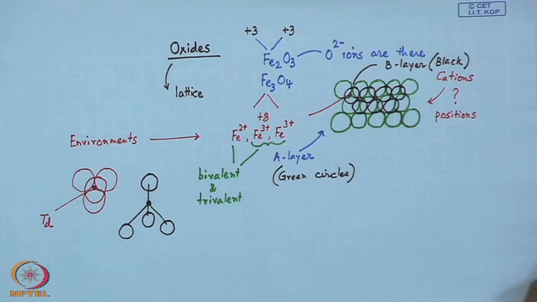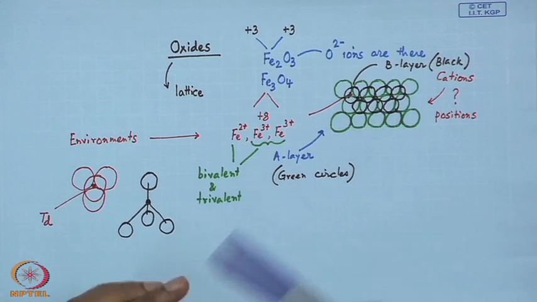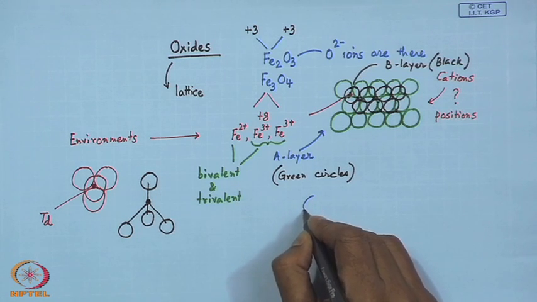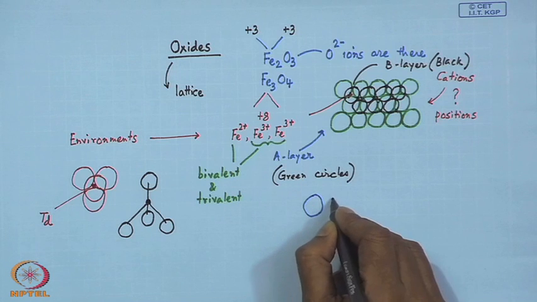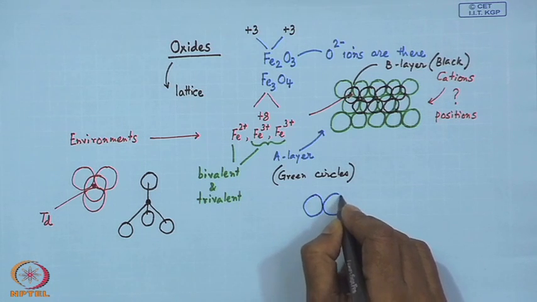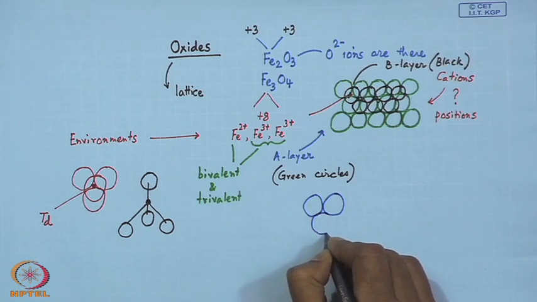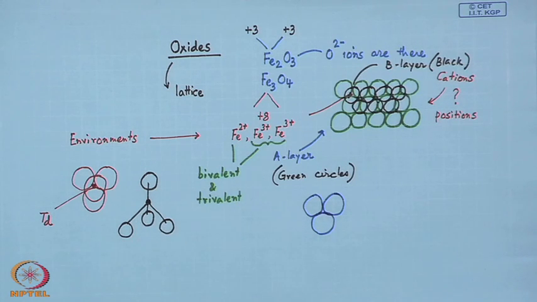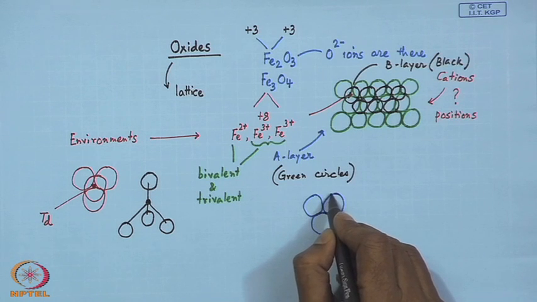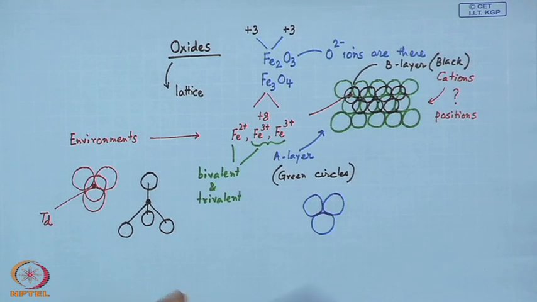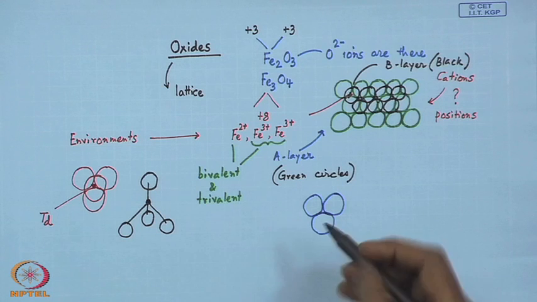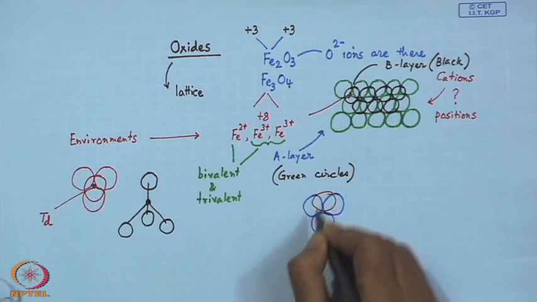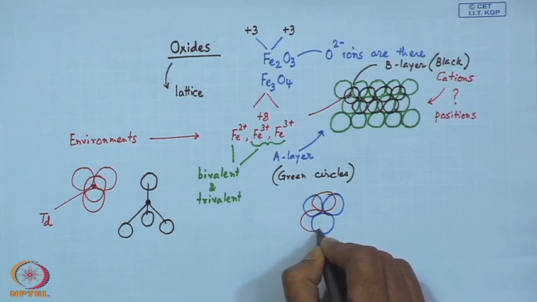In a similar fashion, if we go for the other arrangement, where the first layer is similar to that arrangement, that means 3 of them are there, giving 3 of these spheres like this, but the second layer, which will come to cover this particular area, will be like this.